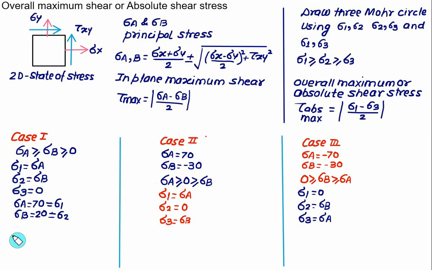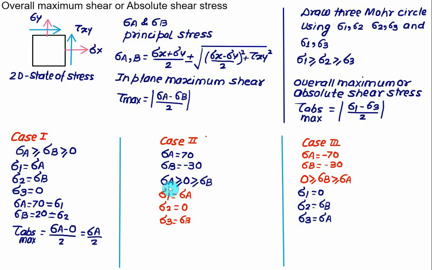So we can calculate the overall maximum shear, that is the absolute maximum shear, equal to (sigma 1 minus sigma 3) by 2. Sigma 1 is sigma A, sigma 3 is 0, divided by 2. That will be equal to sigma A divided by 2.